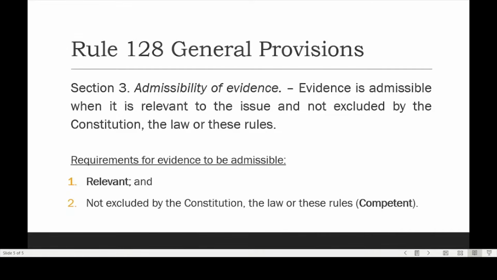While when we say that the evidence is not admitted by the court, it just means that the evidence will not be considered by the judge in determining whether the factum probandum or the proposition is true or not. It's just that the evidence will be considered or not considered. If the evidence is admitted, it will be considered, but if it is not admitted, then it will not be considered.